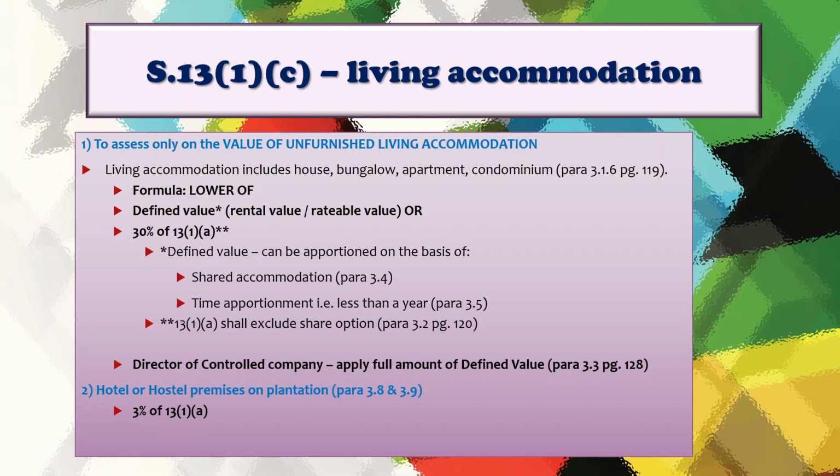We have to value the rental for the furniture, so we only take the net amount from the total rental. If per month is 5,000 and the furniture is about 500, the portion taxed on you will be 5,000 minus 500, which is 4,500 per month, multiplied by the number of months you stay in the house. So it can be time apportioned if it is less than a year.